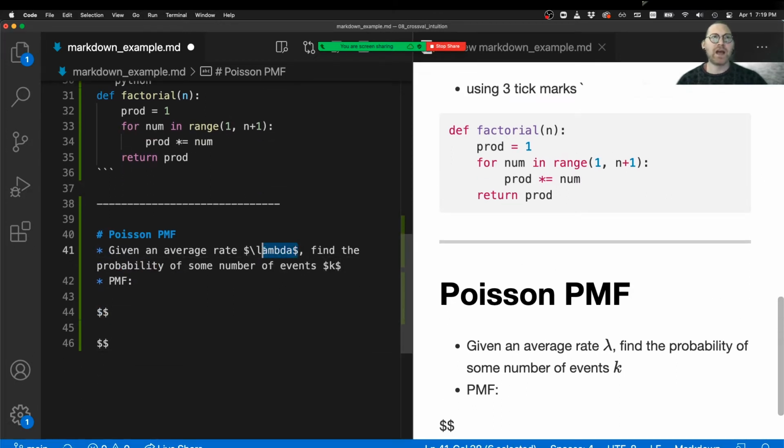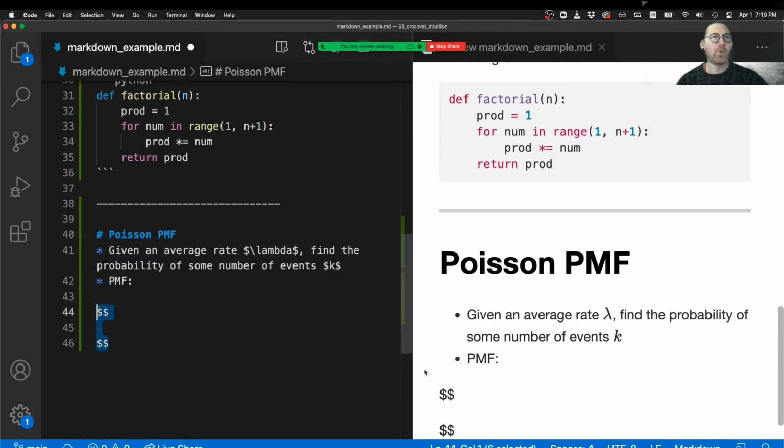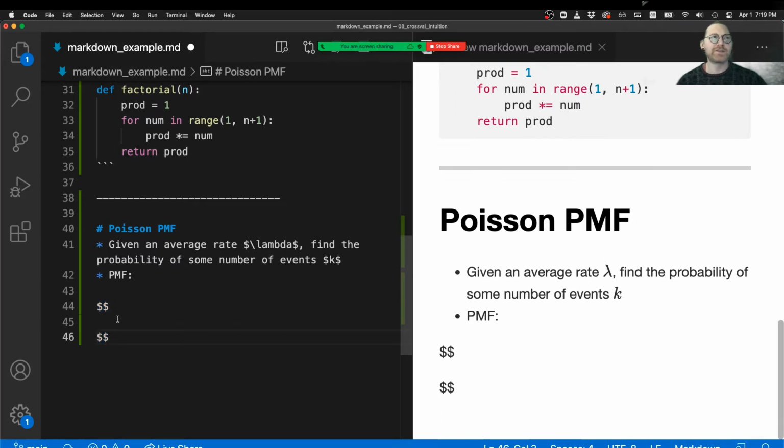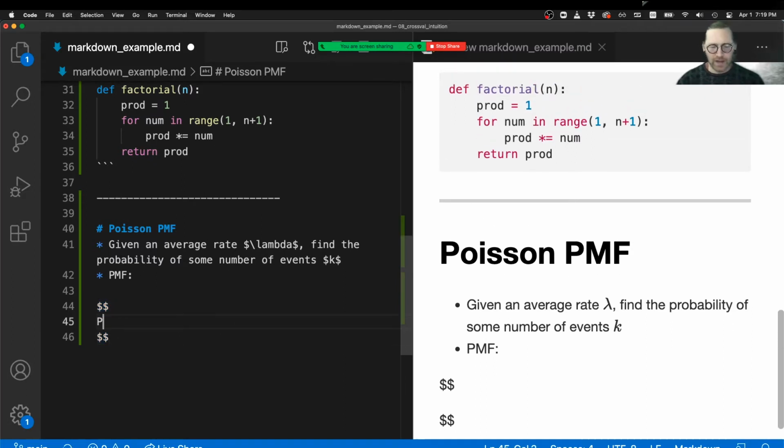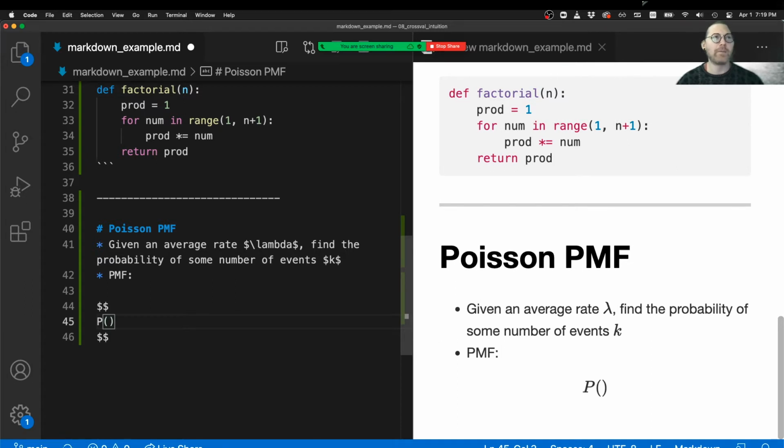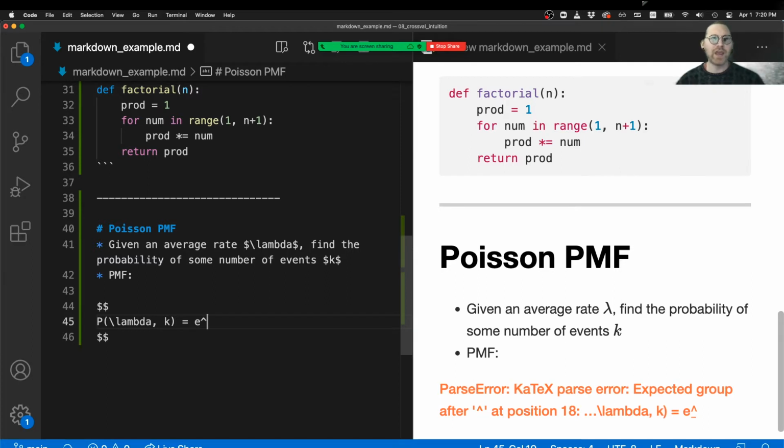If I want inline LaTeX, then it's a single $. If I want a block of LaTeX, it's the double $$. And I can say the probability of lambda and k is going to be e. Notice I'm using a caret here instead of the double asterisks.